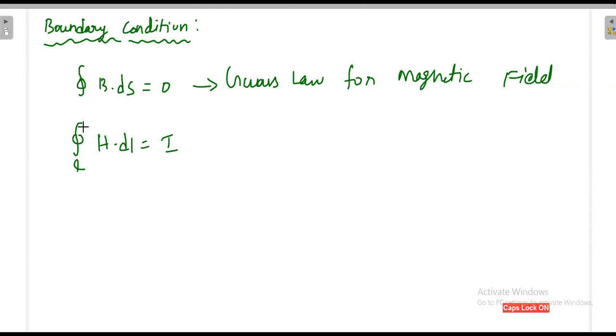So H dot dl closed line integral is equal to I. That is called Ampere circuital law. You should know these two basic formulas before you proceed.